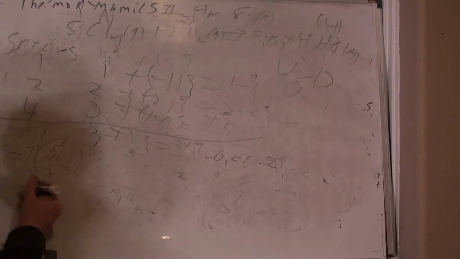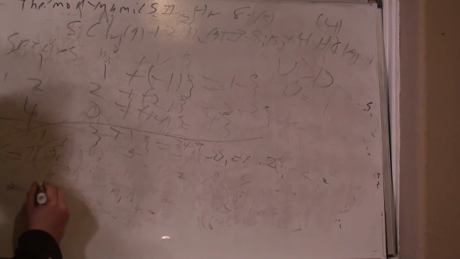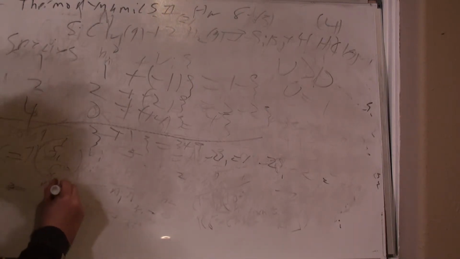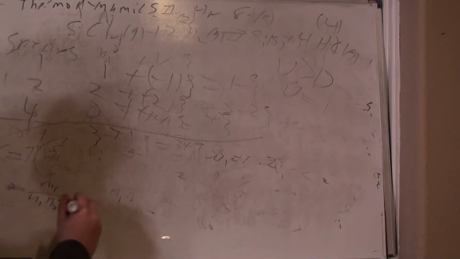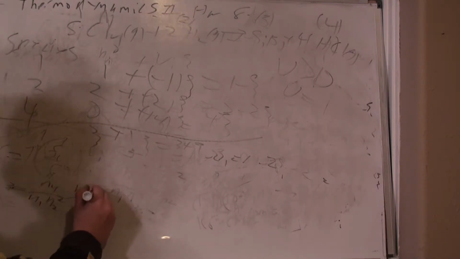Everything is an ideal gas, and so this equals N4 over N1 times N2 squared, times P to the nu, which is negative 1, so over P times N total. That's equal to K.